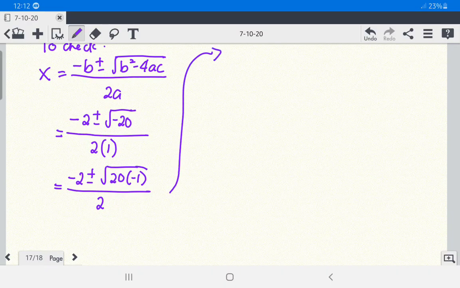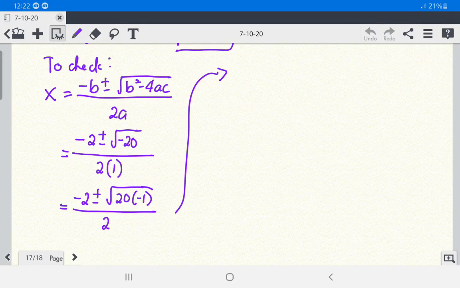But then, if we're going to factor 20, one of its factors is a perfect square. So let's see. We have negative 2 plus or minus the square root of 20.